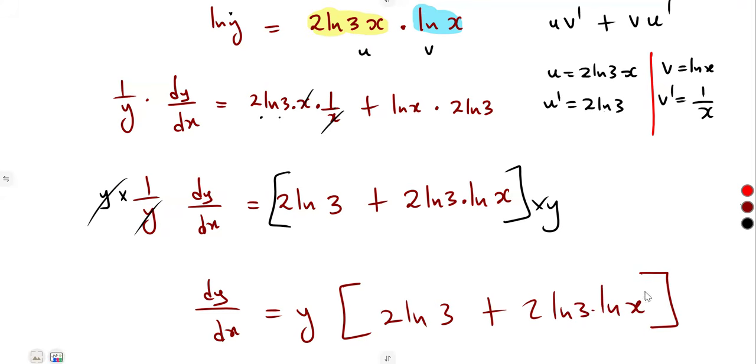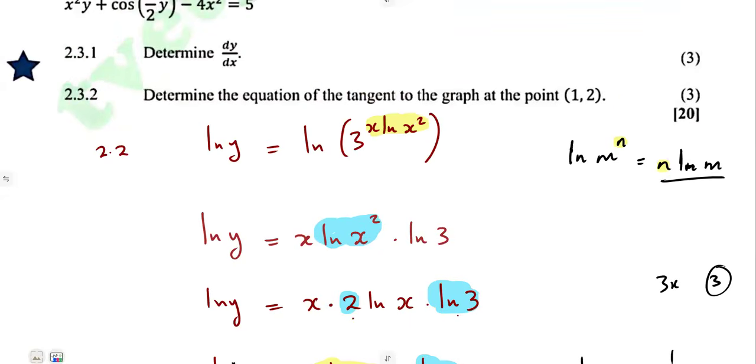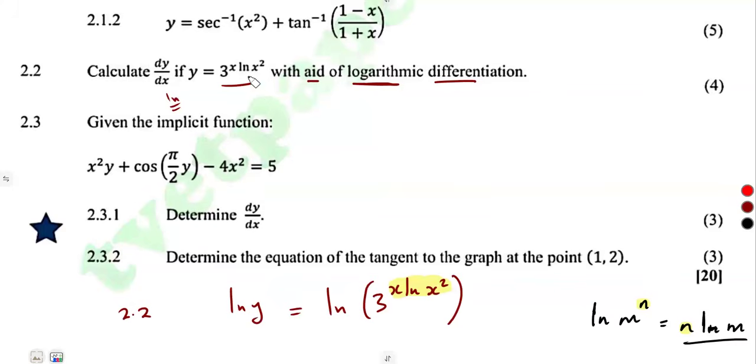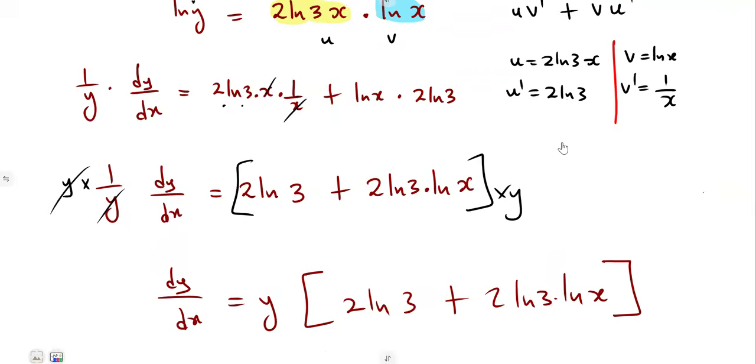So this is it, where y is that original function that we had before we introduced the ln. Substitute that as it is in place of y. You are done.